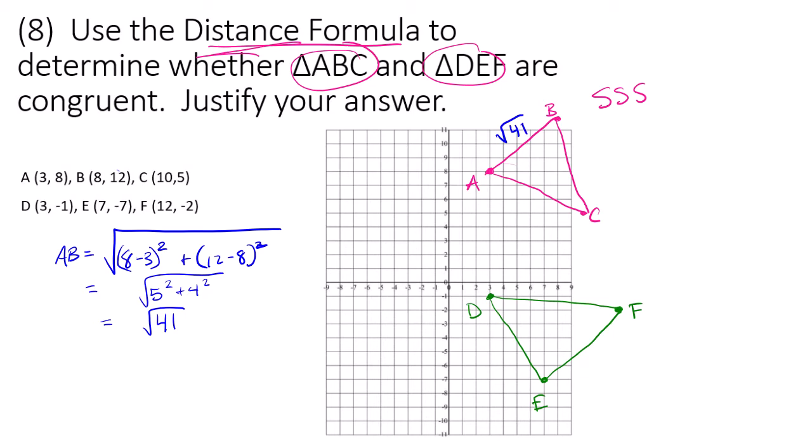Okay, so let's do DE. So we would get 7 minus 3 squared plus, and then we get -7 minus -1 squared.